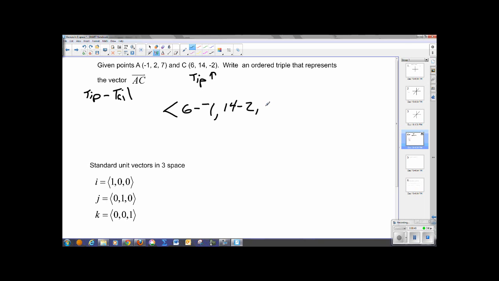And for the z component, I will have -2 minus 7. Thus giving me a vector of 7, 12, and -9. If I write this in terms of unit vectors, notice the unit vectors down here. I represents 1, 0, 0, J represents 0, 1, 0, and K represents 0, 0, 1. So this would be 7i plus 12j minus 9k.